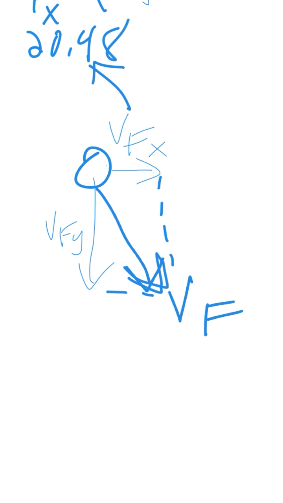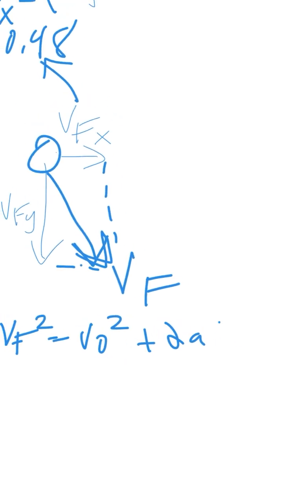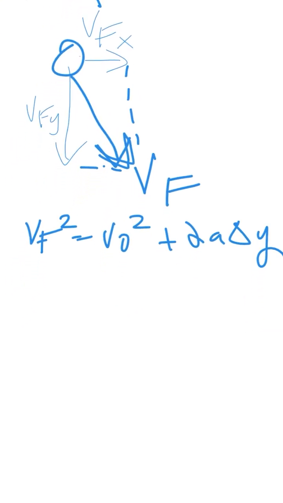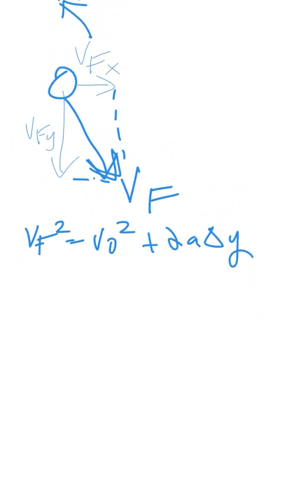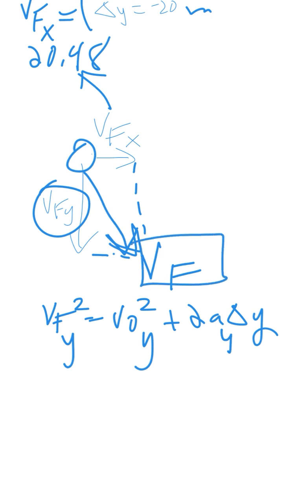How about VF squared equals VO squared plus 2A change in Y. Since I know what the Y is, I can do this without finding the time. These are all Y values that I'm trying to solve for, so I can do Pythagorean theorem to find what VF is.